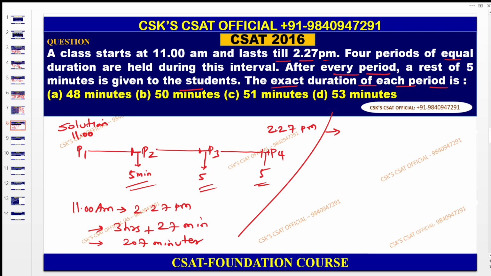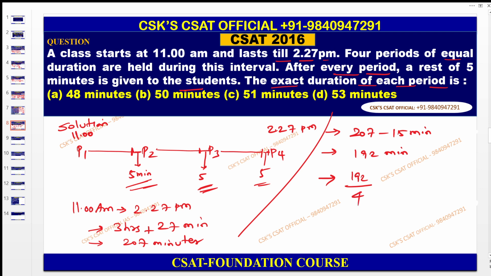We need to calculate the exact duration of each period only. Therefore we have to subtract the break time also. How many breaks? 3 such breaks are there. So 15 minutes we have to subtract. When you subtract here, it becomes 192 minutes. Total how many periods? 4 periods.